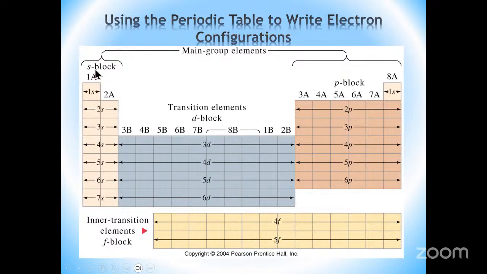For that reason, the region containing groups 1A and 2A is called the s block, this region here is the p block, this region is the d block, and this region is the f block. Those designations are according to the orbital type to which an electron is being added as you go from one element to the next across a period within that region.